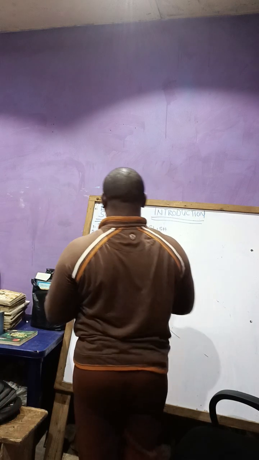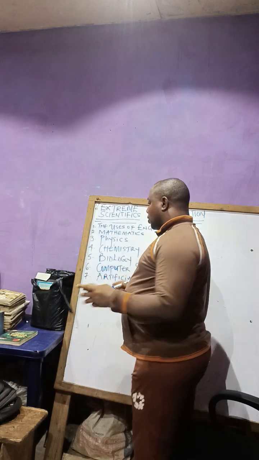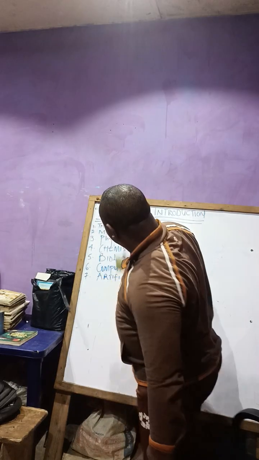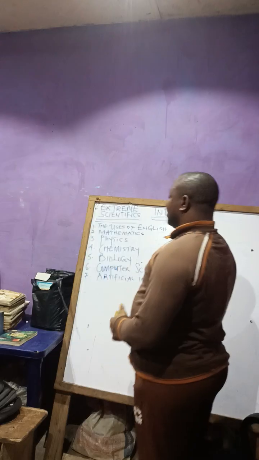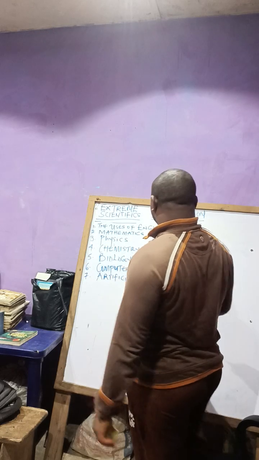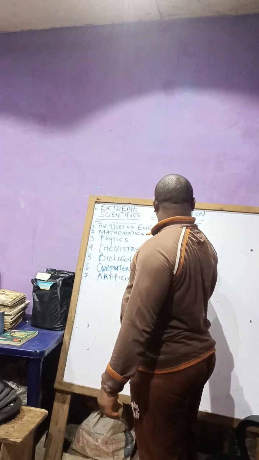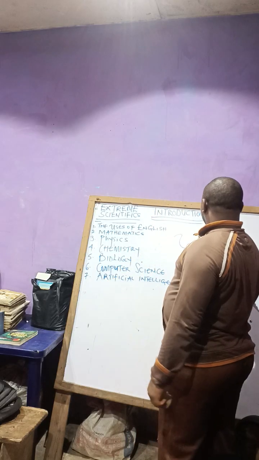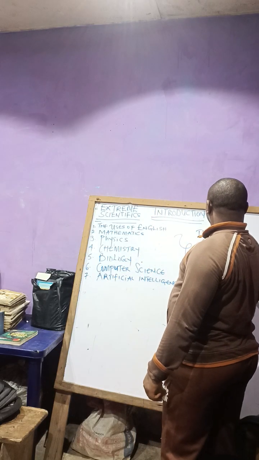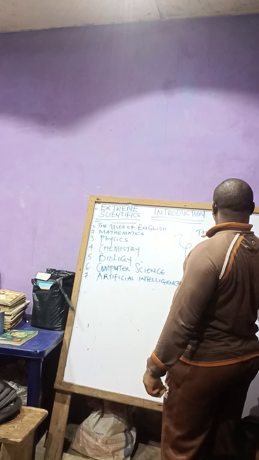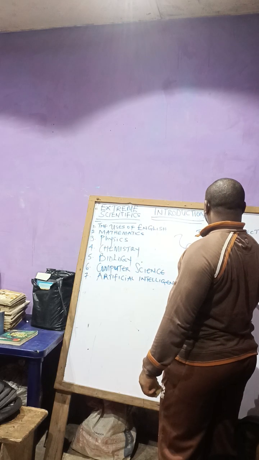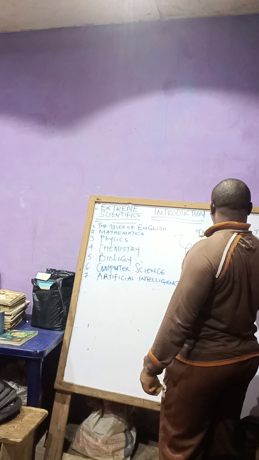There are still a lot more, but these are the major things we are going to study. Starting from physics, chemistry, to artificial intelligence, we have the theory aspects, and we have the what? Practical.